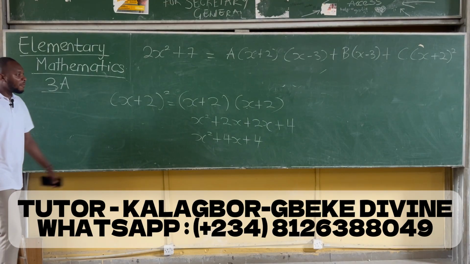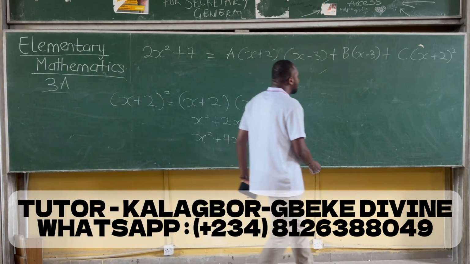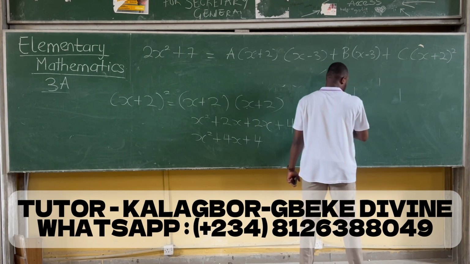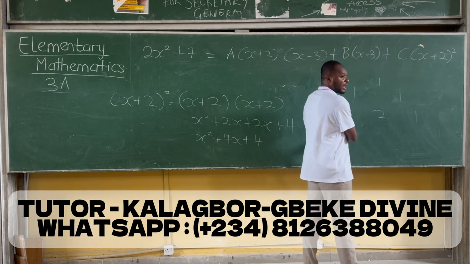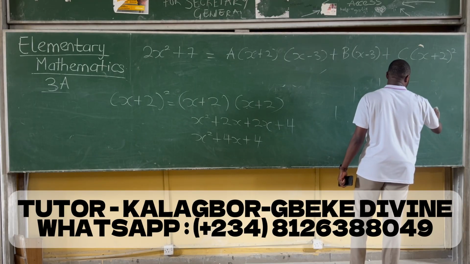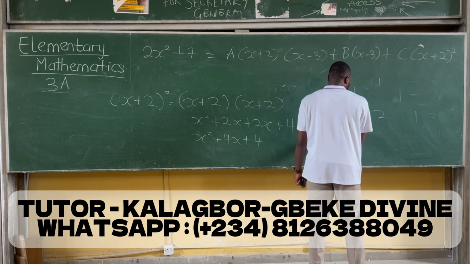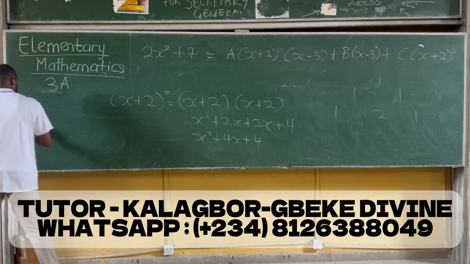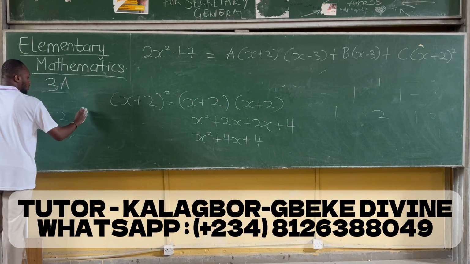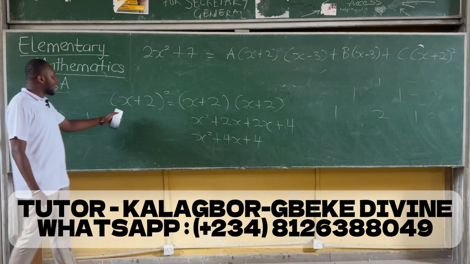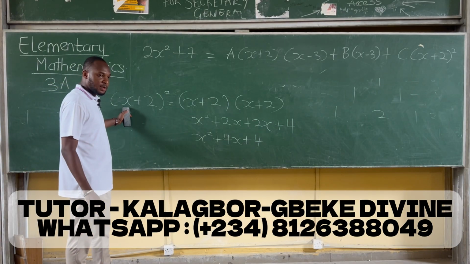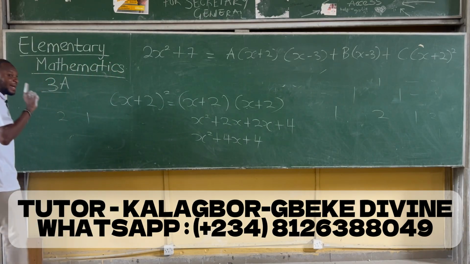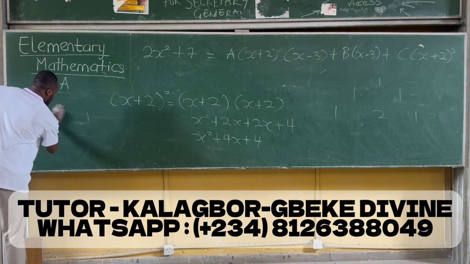But if we want to use Pascal's triangle and expand this thing, how do we do that? Let's just try it. This is power 2, right? This is power 0, 1, 2. So our coefficients will be 1, 2, 1. Now, we have two values: x and 2, and the highest power is 2.